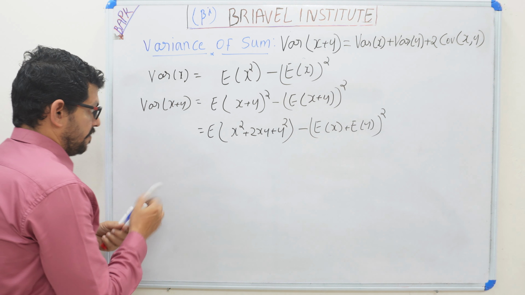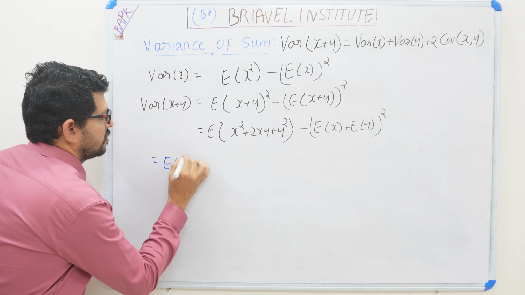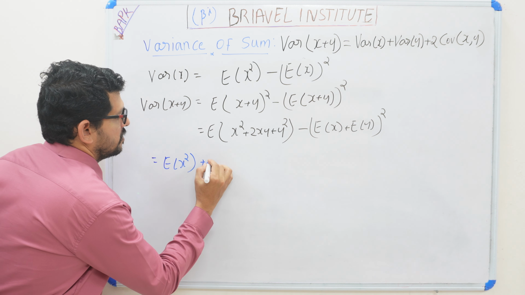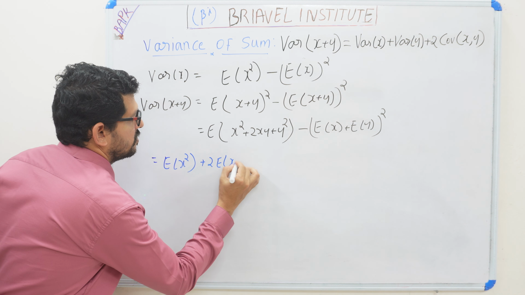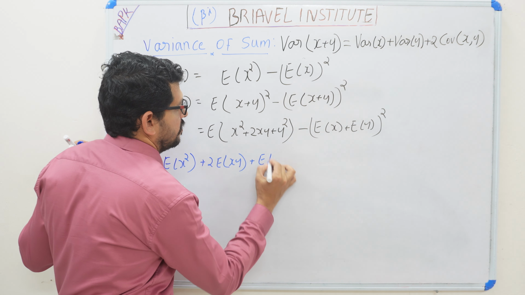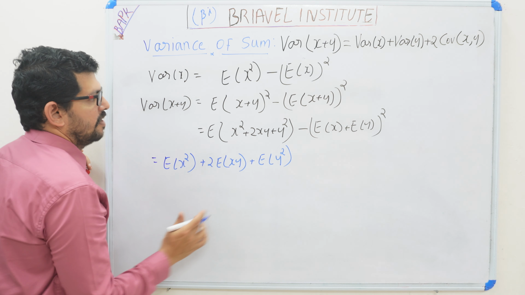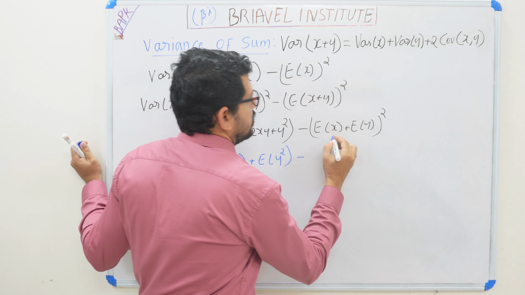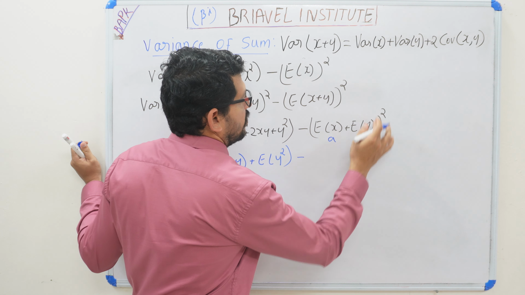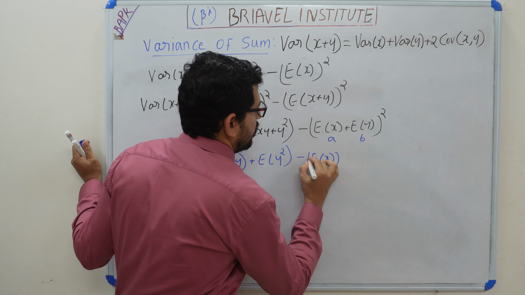So here we can write again: inside we are giving expectation of S square plus 2 times expectation of HY plus expectation of Y square. So this expectation is given inside. Here this is A, this is B. A plus B whole square. So what will we get? The expectation of H whole square.